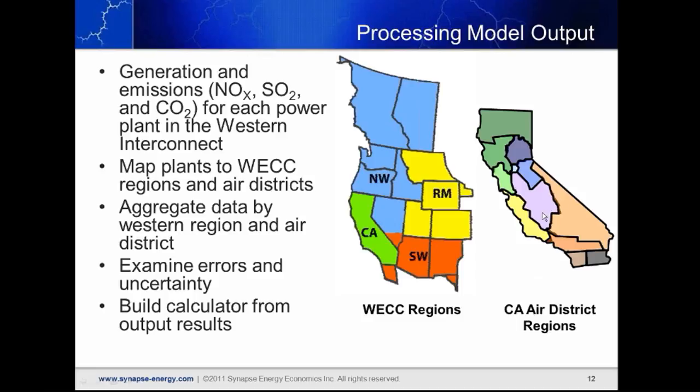The district has been, in the past few years, really promoting energy efficiency and renewable energy measures as we look for every opportunity to reduce emissions, criteria pollutant emissions within the San Joaquin Valley.